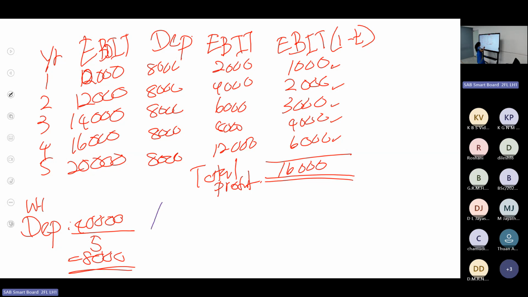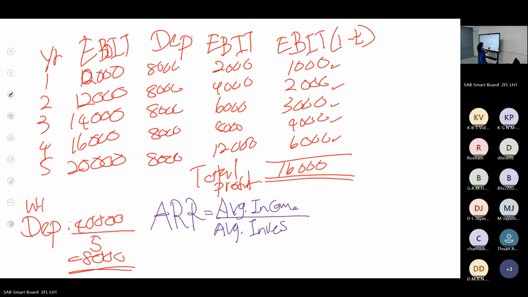Now we'll identify the ARR. ARR equals average income divided by average investment. How can you identify the average income? 16,000 divided by 5.